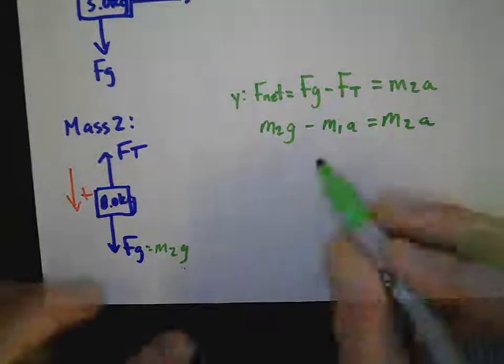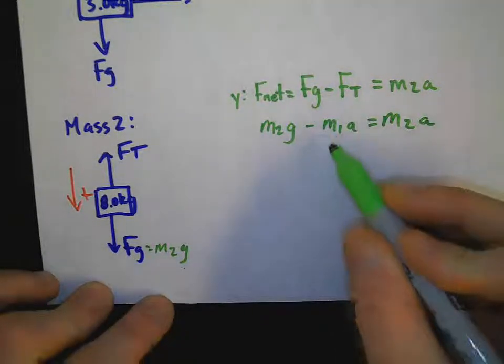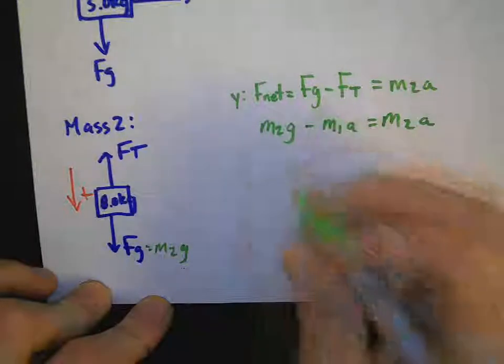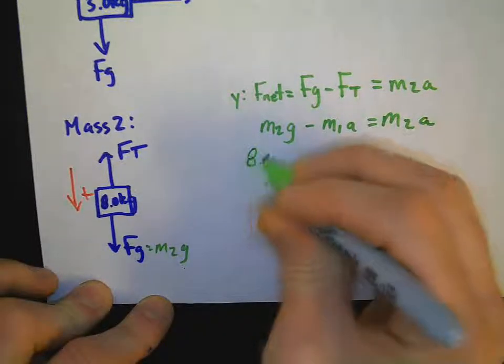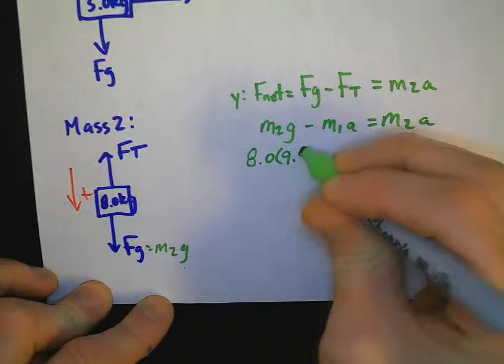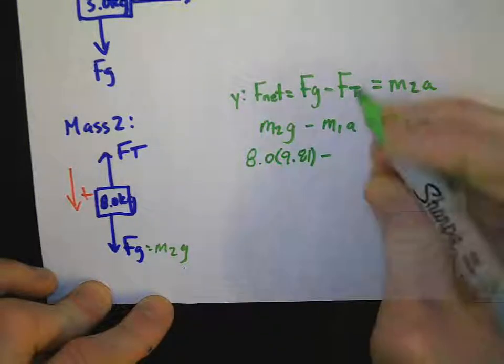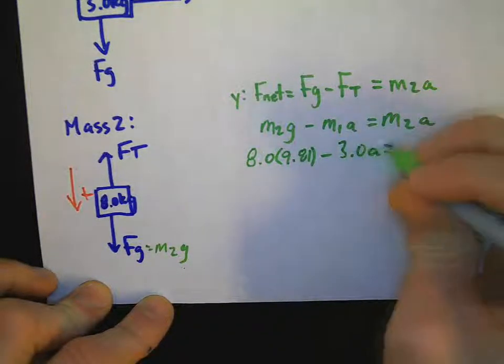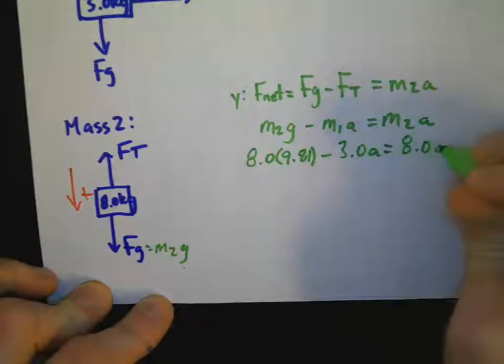So, let's make some substitutions finally. So this will be 8.0 times 9.81 minus 3.0a is equal to 8.0a.